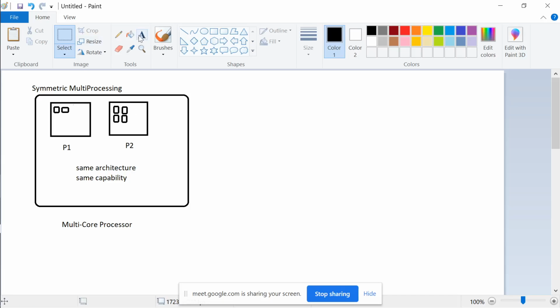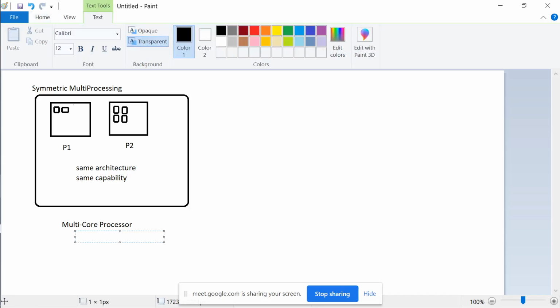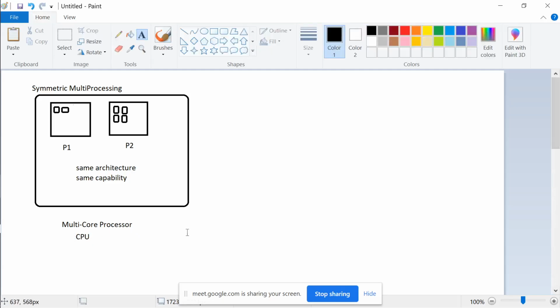The example is your CPU, central processing unit. This kind of multi-core processor is an example of symmetric multiprocessing.